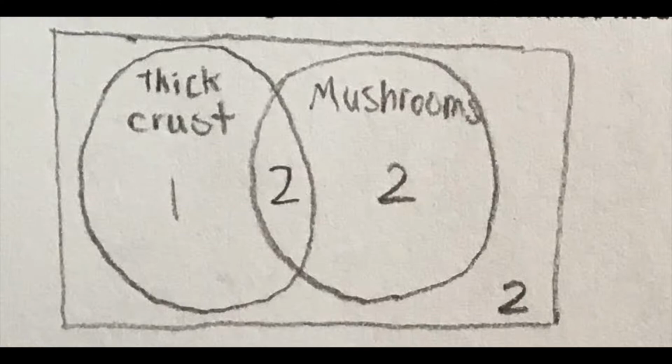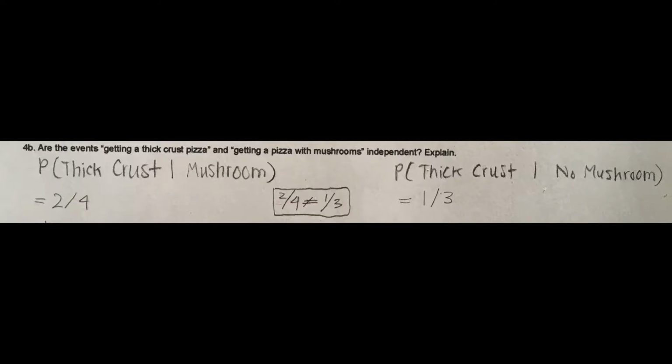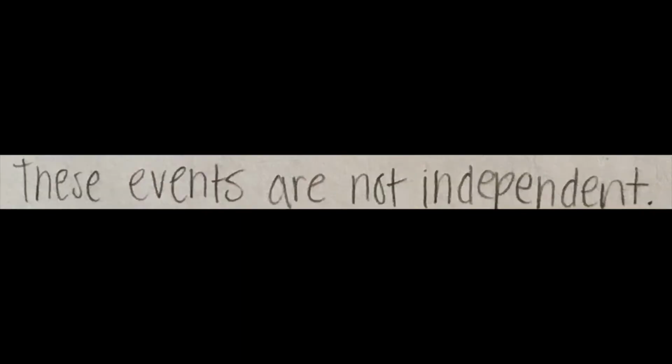The 2 and the 1 combine together to represent the 3 total pizzas with no mushrooms at all, meaning that the probability is 1 out of 3 because only 1 of the pizzas without mushrooms has thick crust. If both probabilities were to be equal, then these events would be independent because they wouldn't affect each other. However, these probabilities are not equal, therefore these events are not independent.